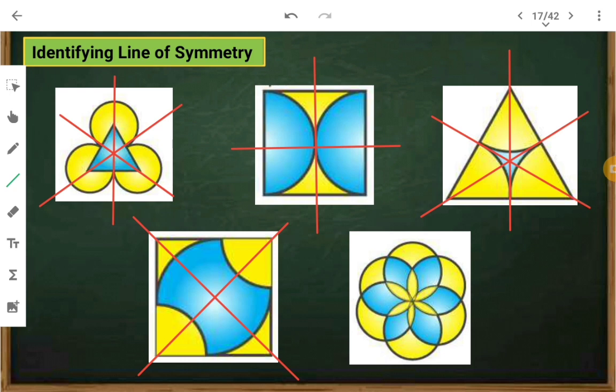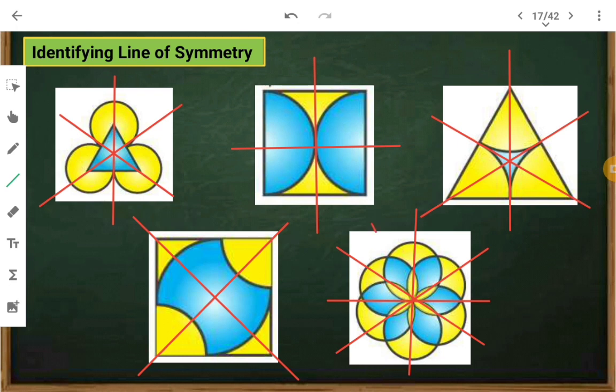And what happened to this one? Here, we'll get 1 line of symmetry, 2 lines of symmetry, 3 lines of symmetry, that is towards here. And next, 4 lines of symmetry. That's it?